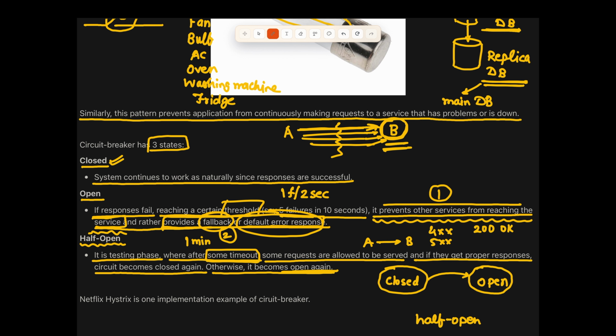After some timeout, some requests are sent and it is in the half open state. Now from half open, if we get successful responses, it can go to closed or it will again go to the open state. So this is the finite state automaton for the three states. It can be modeled as a state design pattern.